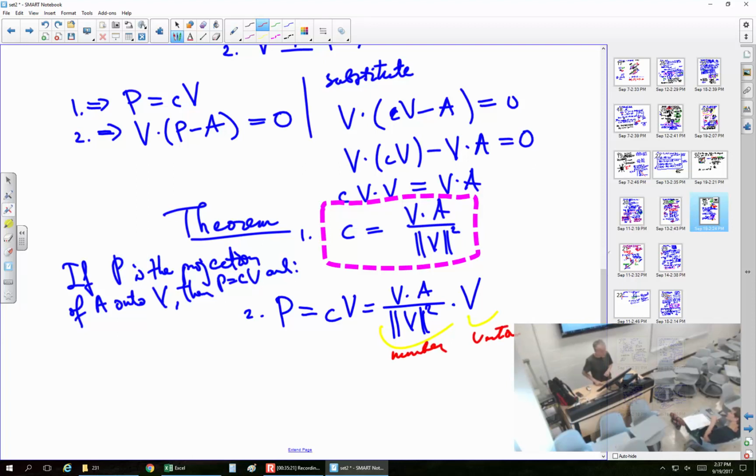The whole thing is made of numbers because the denominator is the magnitude squared, which is a number, and the numerator is the dot product of two vectors, which is also a number. It looks more complicated than it is. And here you can see how it works out. It's certainly proportional to A, naturally to be expected. On the other hand, what happens if you increase the size of V? Well, it is actually inversely proportional to the size of V.